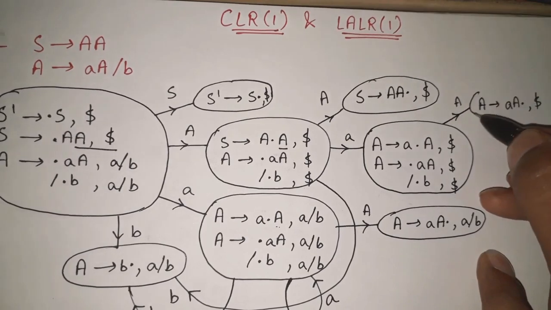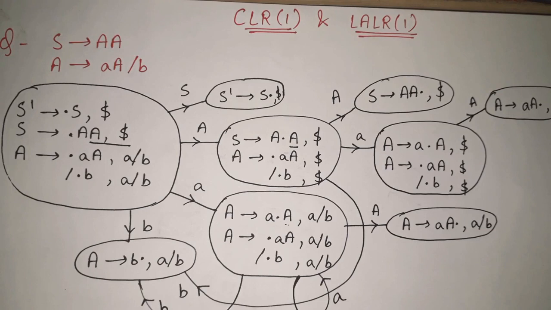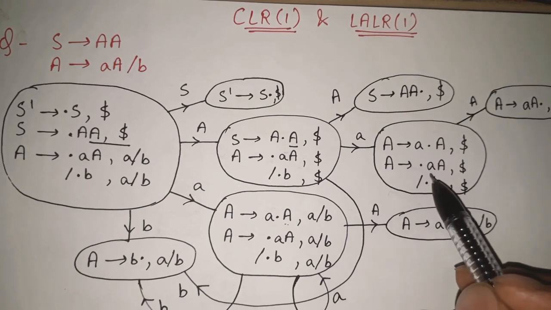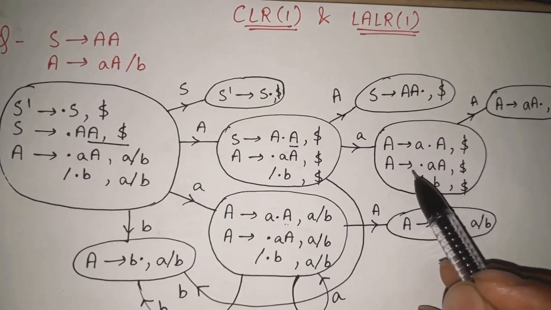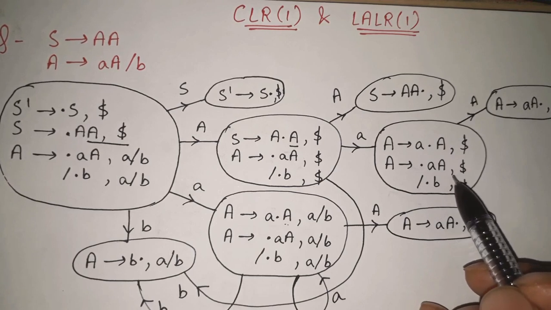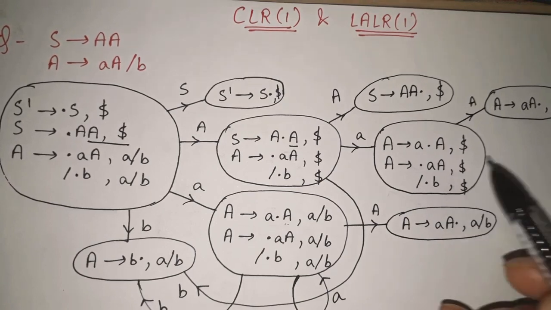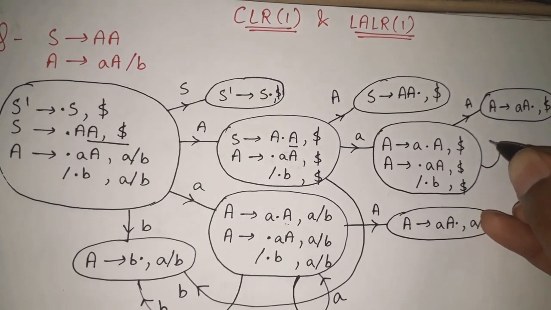So that's all about this state, because dot is at the end. Now anything else? Yes, for small a if I do here, I will get A gives small a dot capital A and dollar, and I think it is the same state itself. Yes, so on small a it will go on itself.